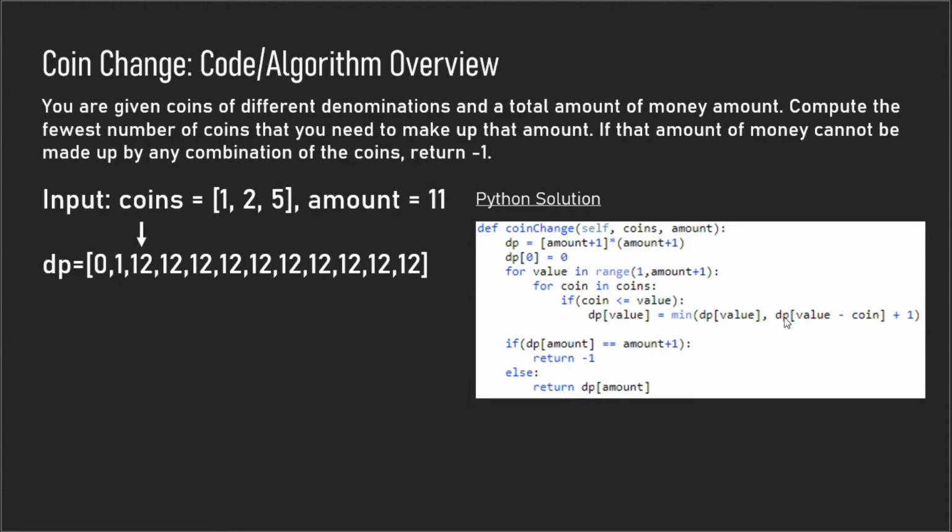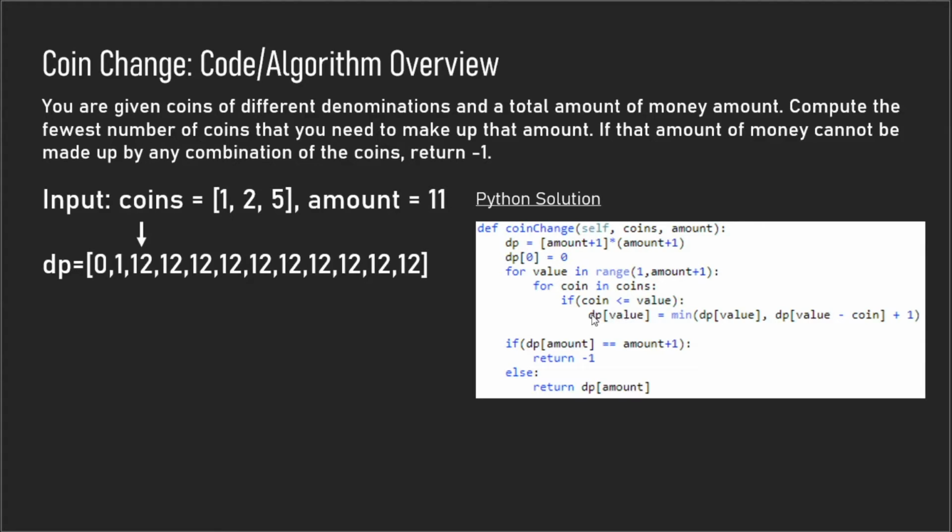So dp of value is 2 minus coin. Coin is equal to 1 right now, so dp of 1 plus 1. dp of 1 is 1, and then we have that plus 1, so that's a 2. And this dp array would update to 2, but we're still going on with this for loop, right? Because we can actually find better answers than that.